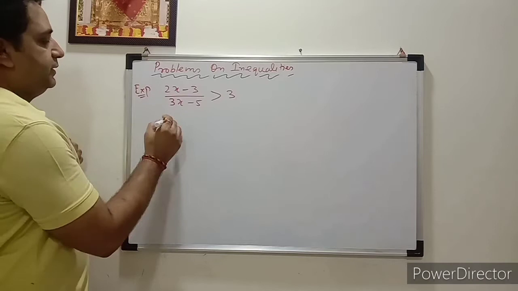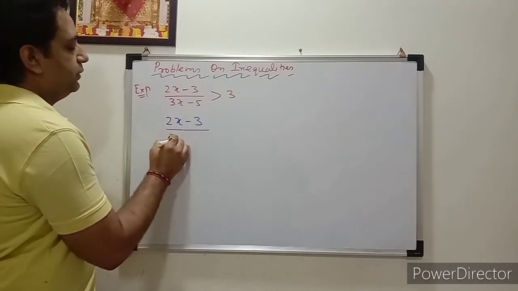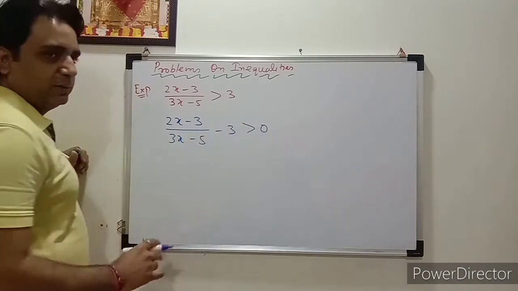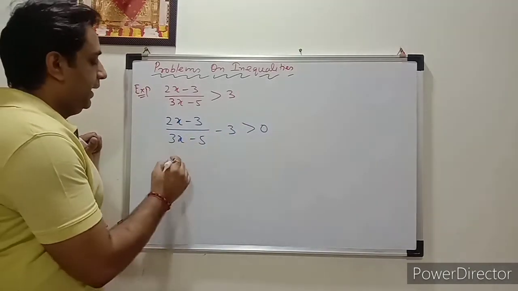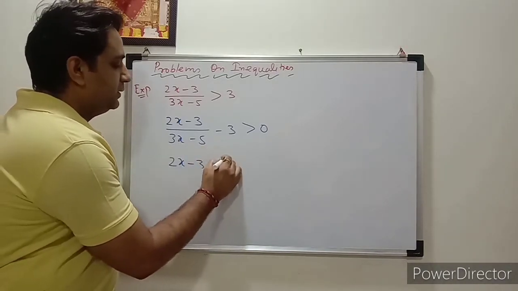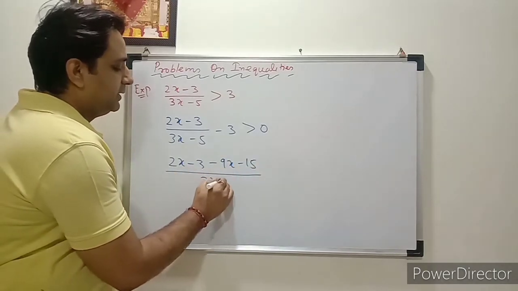First we have to simplify this. So (2x minus 3) upon (3x minus 5) minus 3 is greater than 0. The sign of inequality will not change. Now simplify, taking cross multiplication: (9x minus 15) upon (3x minus 5).